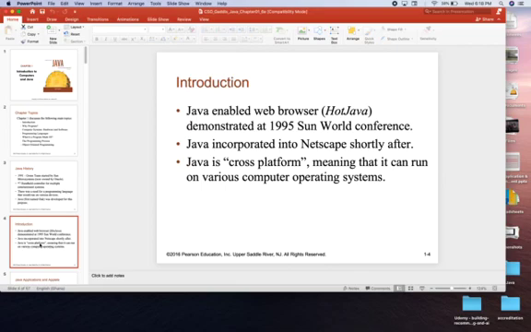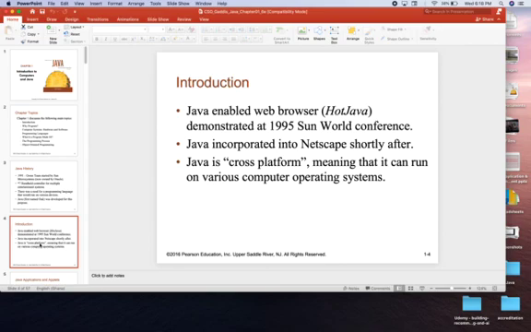Netscape is also a kind of browser. It is now out of date, not much in use, but it was one of those first web browsers that did deploy the use of Java into it to also make it much lighter and more interactive.